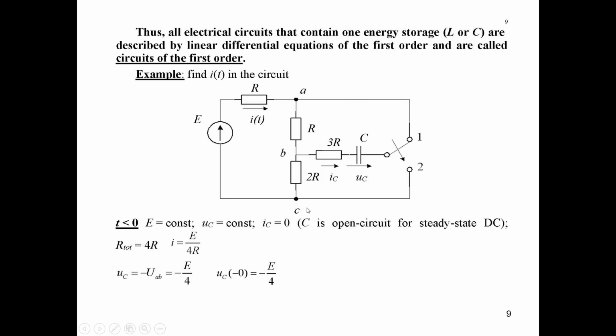For instance, we have such an example here, a not so plain schematic. I would like to remind you that electrical circuits which contain only one reactive element, either inductance or capacitance, are described with a linear differential equation of the first order, and therefore such circuits are called circuits of the first order.